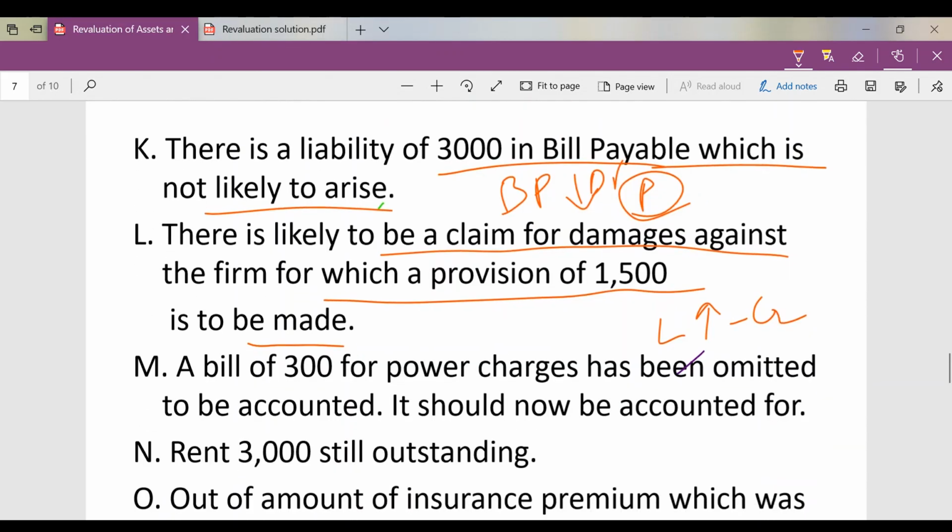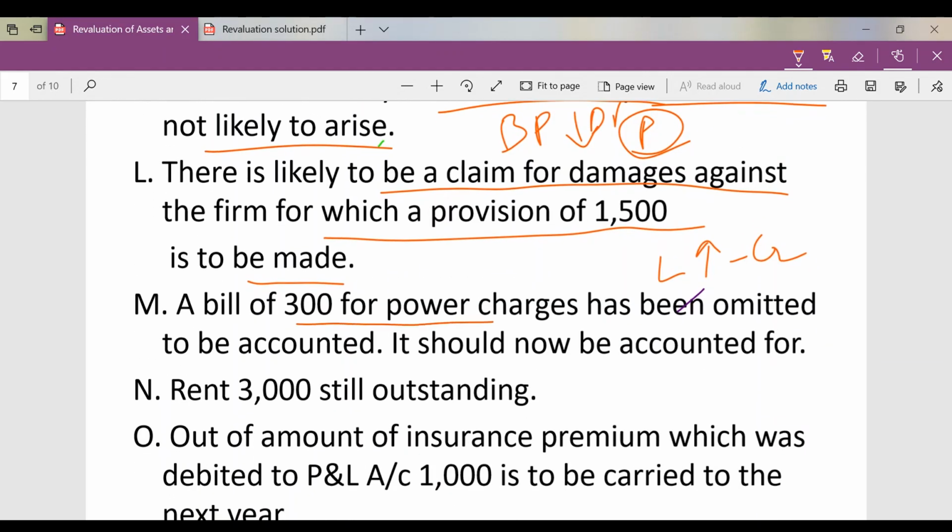Next is a bill of rupees 300 for power charges has been omitted to be accounted, right? It should now be accounted for by you. So now what happens is, bill for power charges, when it is omitted, what happens? Outstanding power. That's an expense.